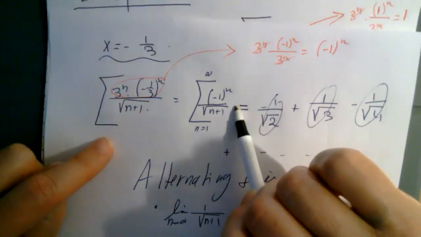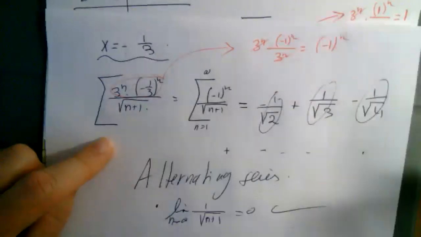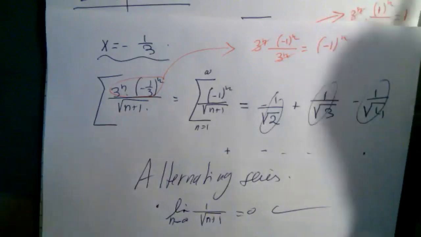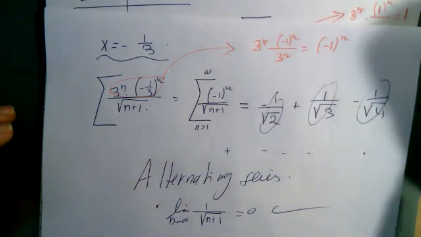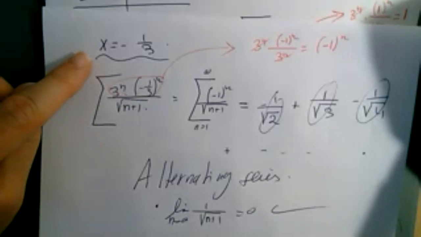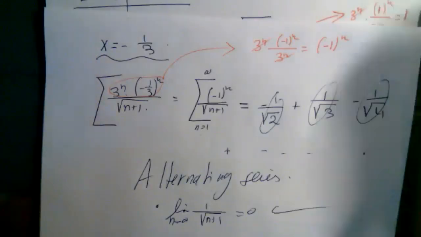At this stage, you should not be using the ratio test because this is the value where the ratio doesn't give me any result. So no ratio test at the endpoint, because that's when the ratio is equal to 1.